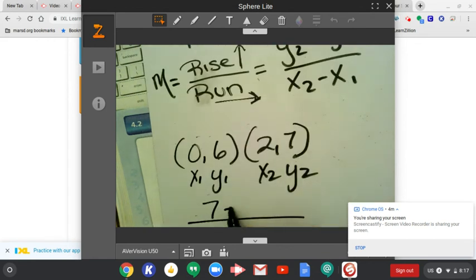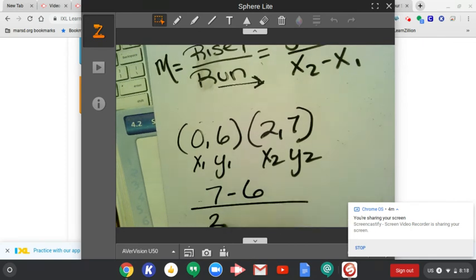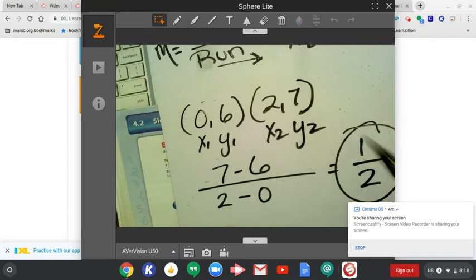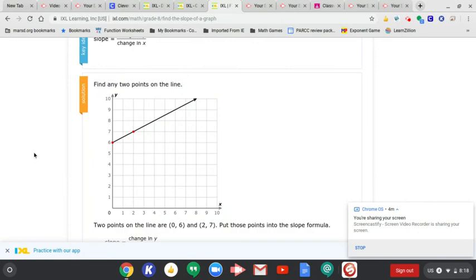So it went from 6 to 7, and x from 0 to 2, and I'm going to plug in just using the formula. 7 minus 6 is 1. 2 minus 0 is 2. So your slope, simplified, is 1/2. Same answer we got before.